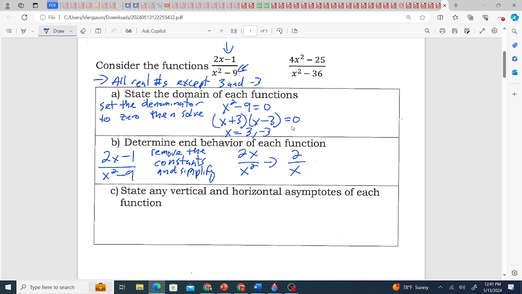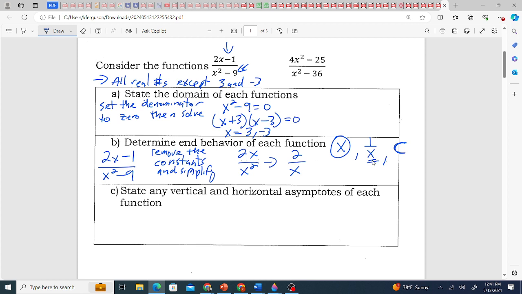Now, there were 3 instances that we talked about. We talked about if you had just a variable. We talked about if you had a variable in your denominator. And then we talked about if you had a constant, some number that didn't change. So your end behavior, what does your graph move towards? Well, if it was x, then it was just infinity or negative infinity, because whatever number you put in, that's what it's going to go towards.